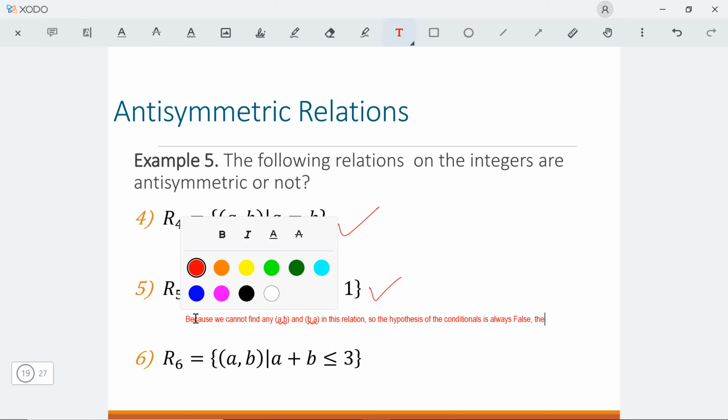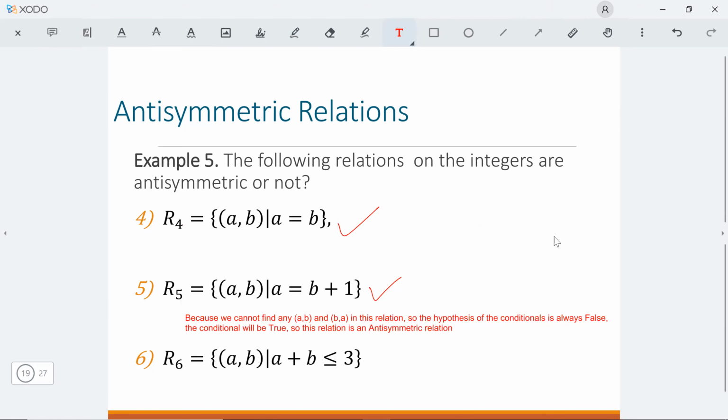The conditional will be true. So this relation is an anti-symmetric relation. Okay, so then let's look at the last one.